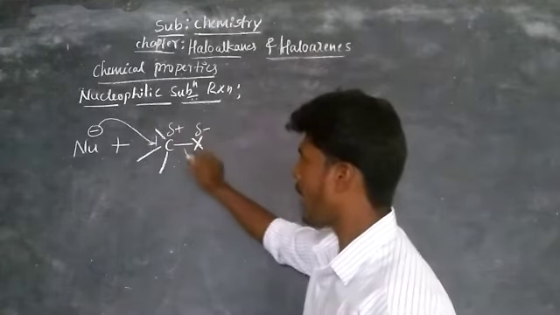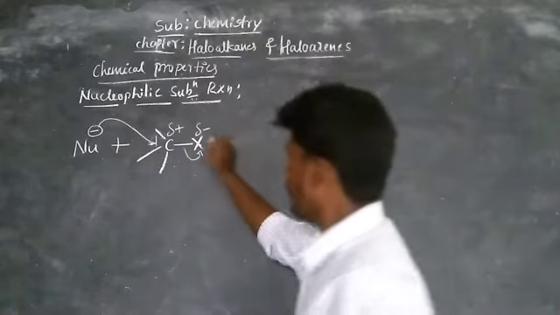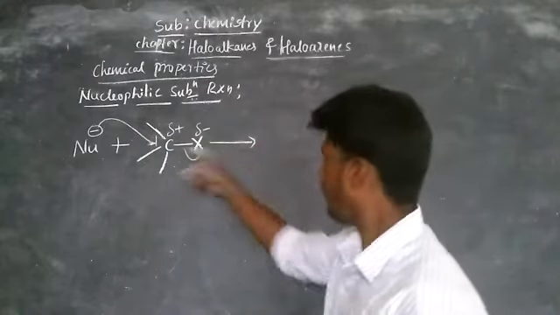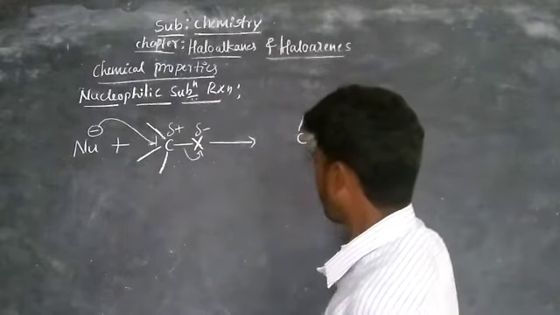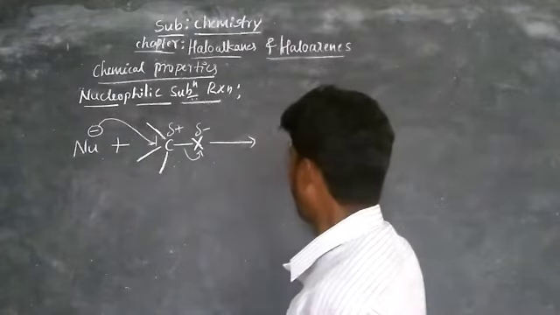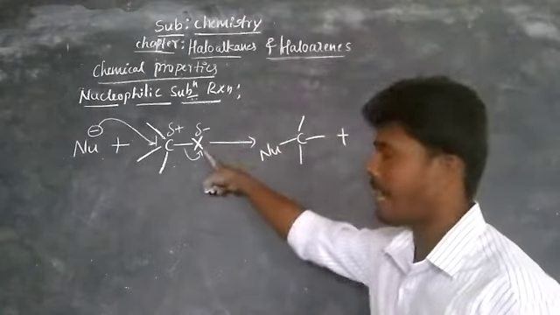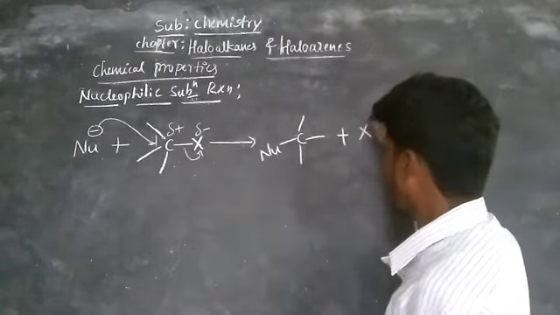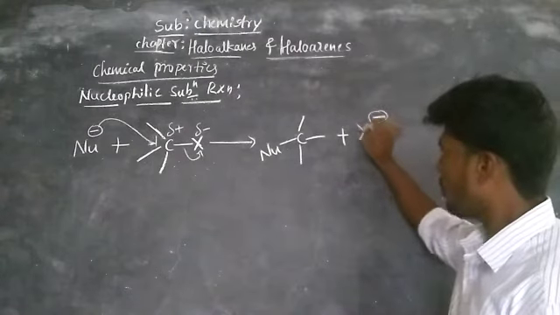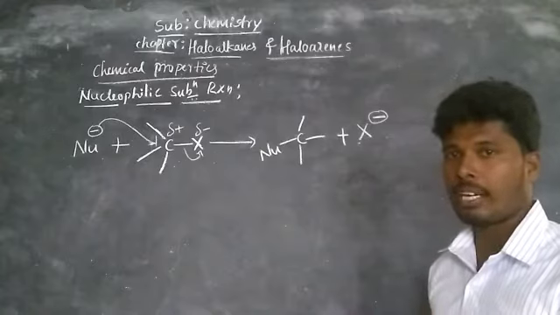During that time the halogen is eliminated because it is more electronegative. You get a compound where the carbon has 3 bonds and a bond to Nu, plus the halogen is eliminated as X minus. This type of reaction is called nucleophilic substitution reaction.